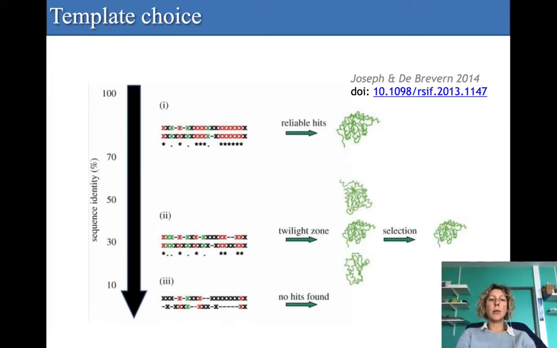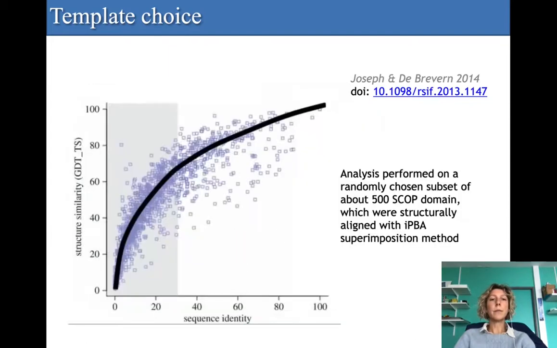In the second case, you're in the twilight zone, around 30, and there are some residues that are identical in red and some that are not in green. You may have a few gaps here and there, so you will have to make a selection on the models you predict. There is some ambiguity that arises from the sequence alignments. And below 10, you cannot find hits. The alignments are just too poor.